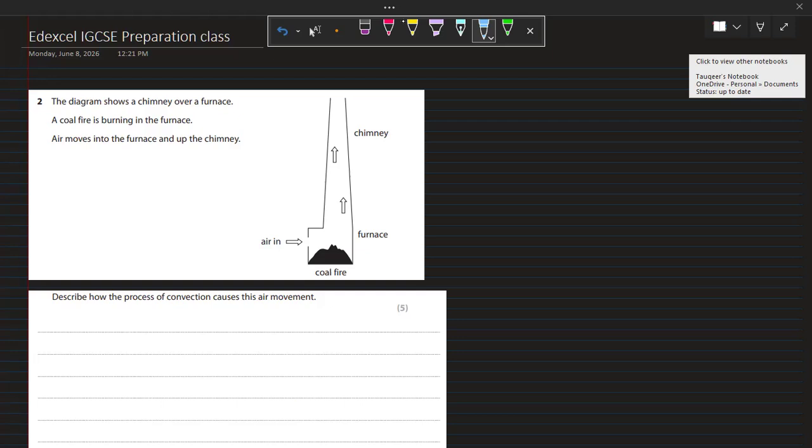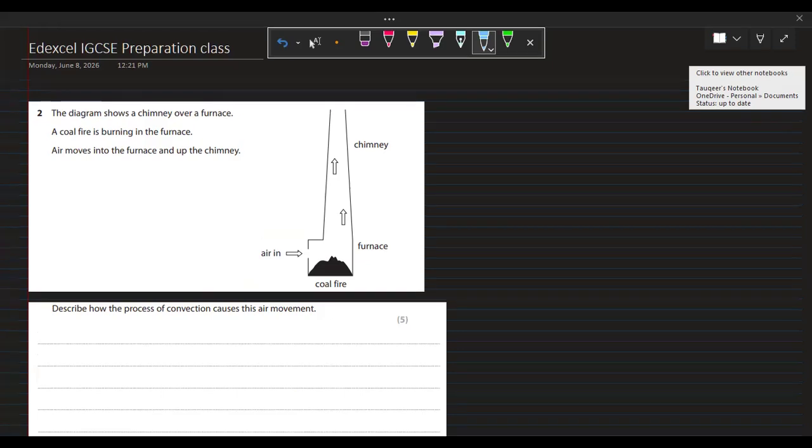So this question is about convection, and convection is one of the ways of transfer of thermal energy, right? So what could be the possible ways how the energy transfer takes place in the form of convection?